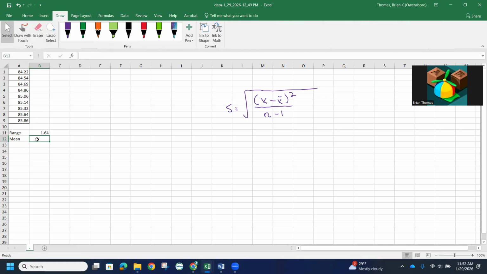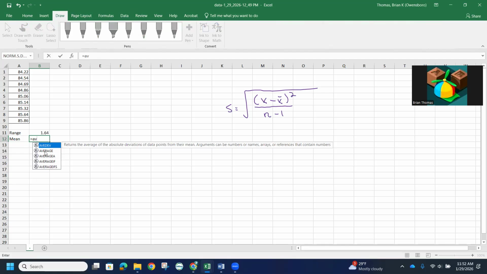Remember, the mean is called the average in Excel. So if I hit equals and start typing average, AV, there's my average. I double click it, there it goes. Now it's asking what do you want to average? There are a couple of ways of doing it. You can type in A1, then the colon, and go down to A9. That'll give you your mean.